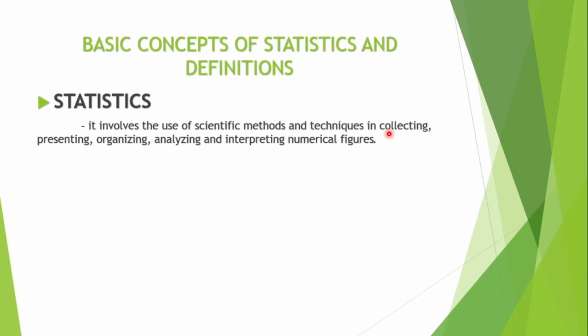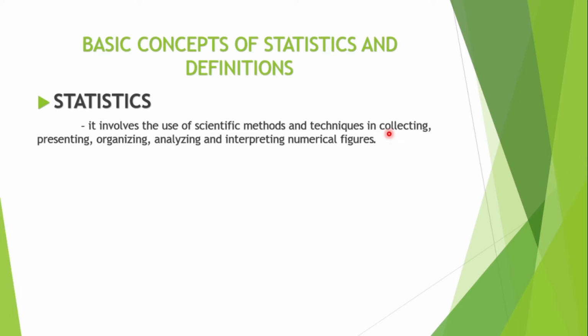Okay, so one of the most common examples of statistics is the census of population and housing. In the census, di ba, some of the enumerators, yung tawag doon sa nagko-collect ng data, yung pumupunta sa bahay.